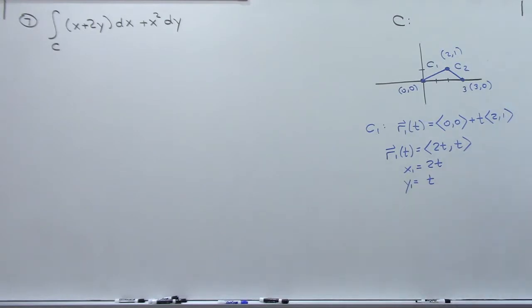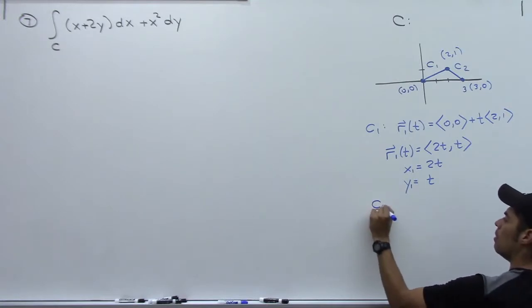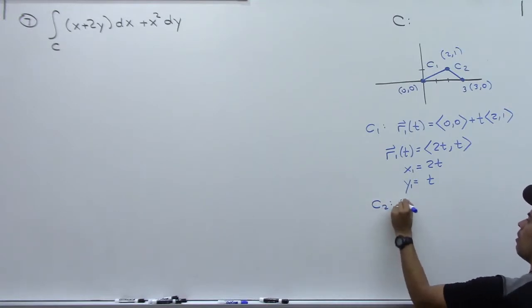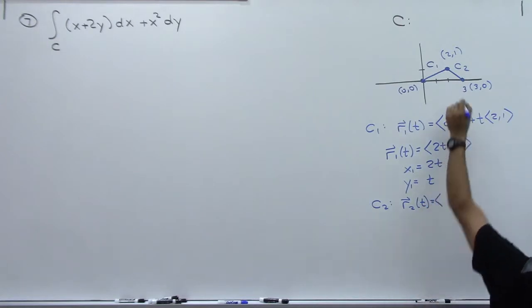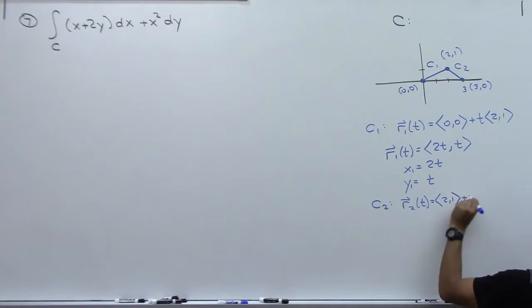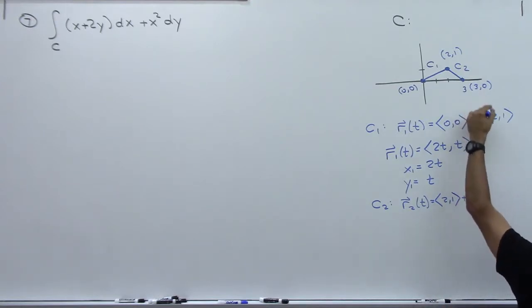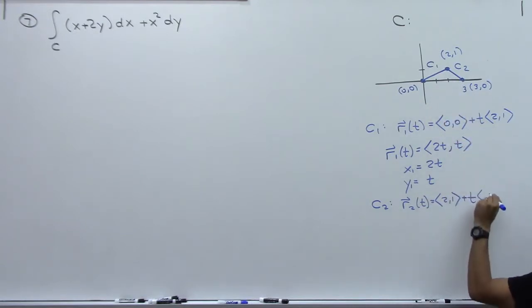Now, to get C2, I'm going to call it R2 of t. We're going to start at 2, 1, and we're going to go to this point. So the vector going from here to here is going to be the vector 1, negative 1.